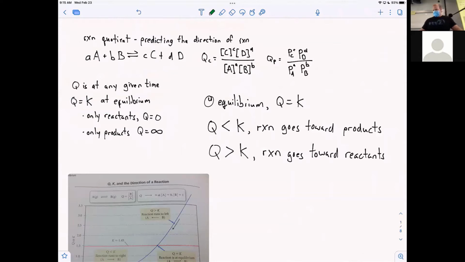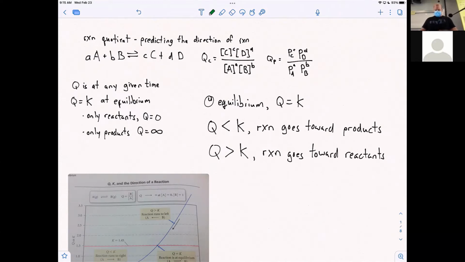The other thing for me, I don't memorize a lot of things in chemistry. I have to figure it out, so I always kind of logic my way through it. I don't remember off the top of my head if Q is bigger or smaller, how that relates to the chemical reaction. So let me think. Let's say Q is too big.